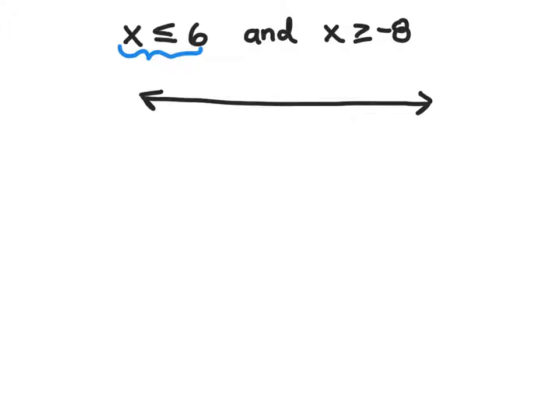So we're going to mark approximately where 6 could be on the number line. And when we graph x is less than or equal to 6, we are looking for all numbers that are smaller than or equal to 6. So we're going to shade to the left of 6. And because we have a less than or equal to inequality symbol, we will use brackets.